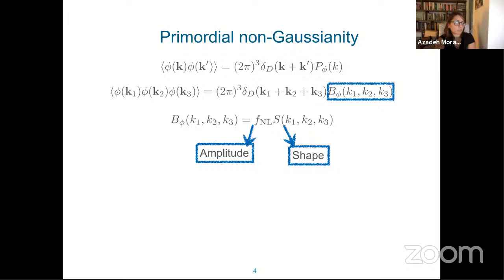It's conventional to characterize the primordial bispectrum in terms of a scale-independent amplitude and a shape. So when we talk about searches for primordial non-Gaussianity from a given survey, we are talking about constraints on the amplitude of the primordial bispectrum of a given shape. Different shapes can tell us about different models of inflation.